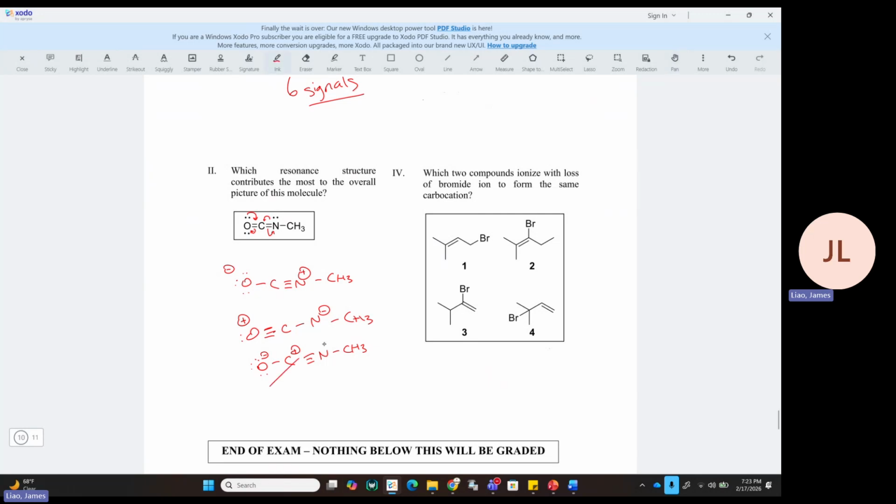Obviously the third one does not work because we have a carbocation, and as a big golden rule about octet rules, carbocations never satisfy the octet rule. The other two both satisfy the octet rule because the nitrogen has 4 bonds, the carbon has 4 bonds, and the oxygen has 4 bonds, quote unquote, because of 3 lone pairs and the bond.